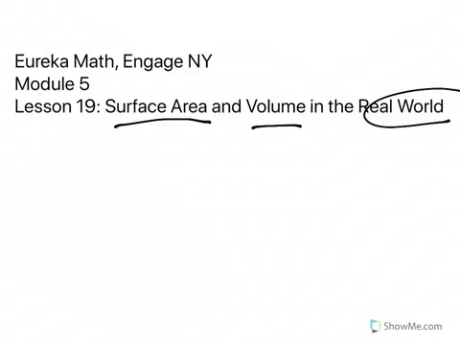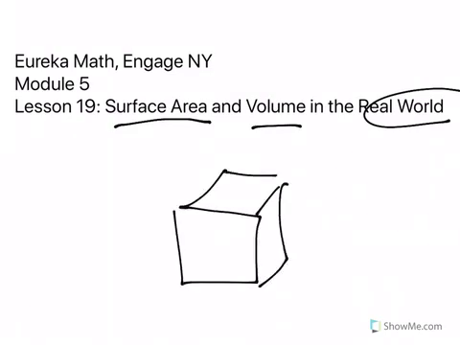But remembering, the surface area, if I have a box, let's draw the box here. If I have a box that's a three-dimensional shape, the surface area would be all six sides of the box.